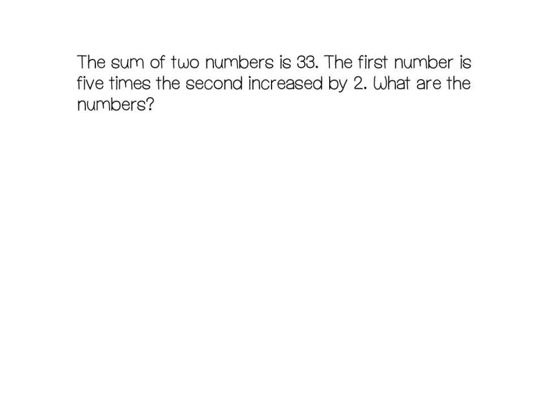The last example says the sum of two numbers is 33. The first number is 5 times the second increased by 2. What are the numbers? So take a couple seconds and write out your equations.